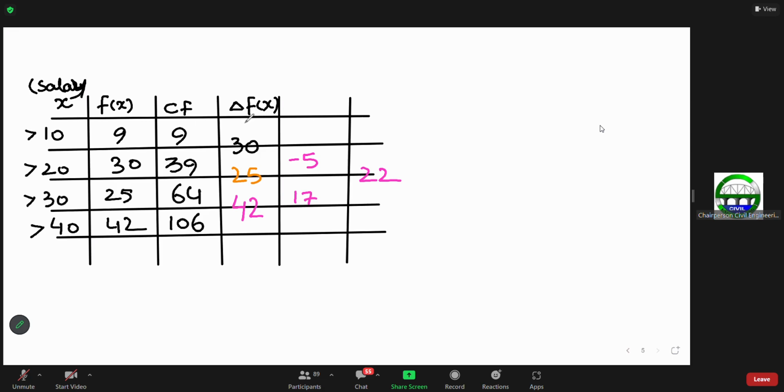Okay, so this is your del fx, this is del square fx, this is del cube f of x.